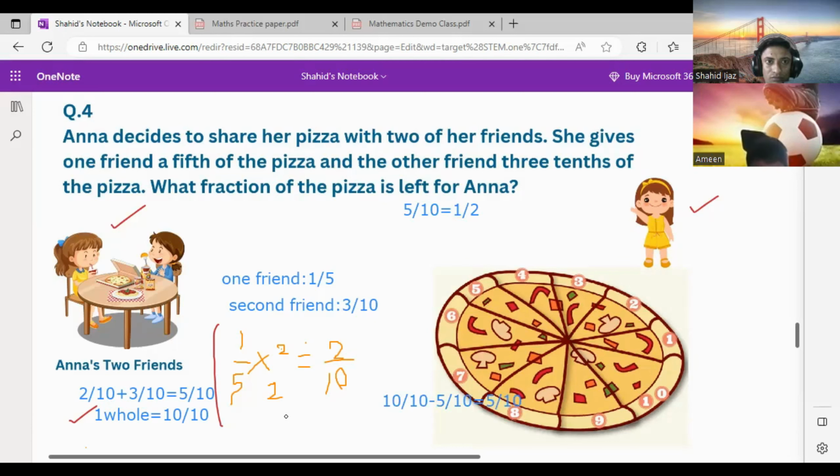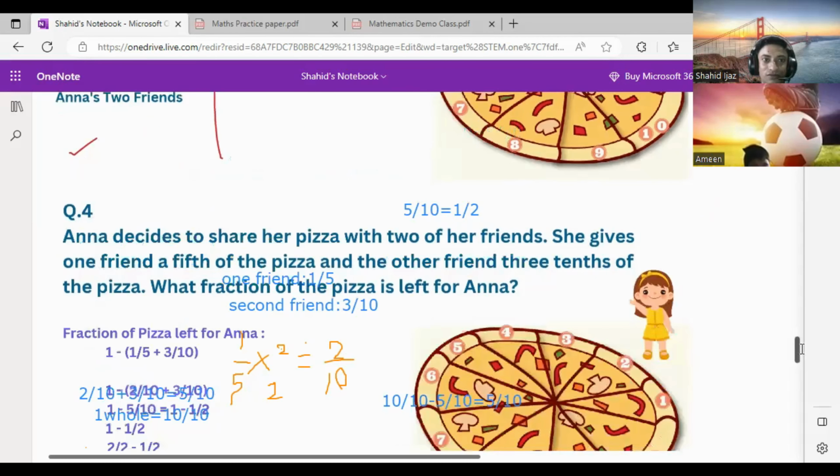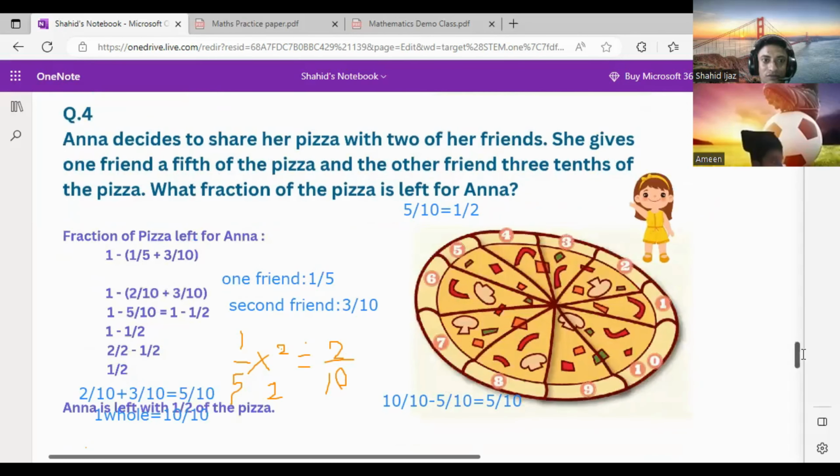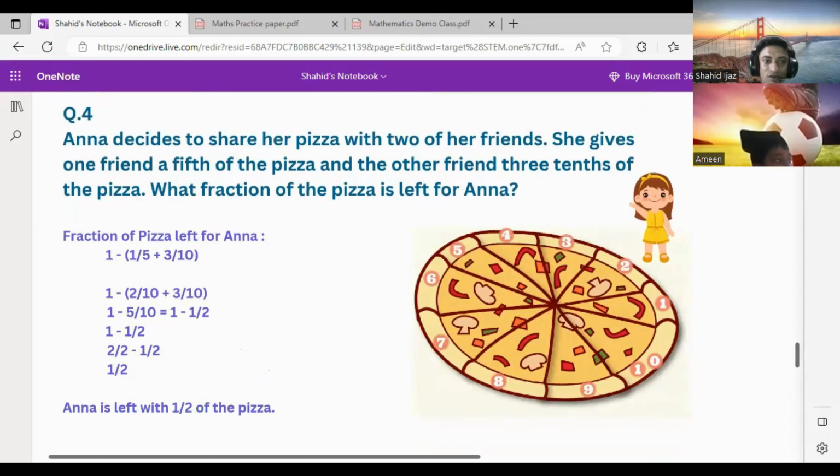Sorry, 1/2, a half. 1.5 would be 1 whole and a half, so that's why. These are easy questions, you are solving by yourself. Yes, I can do that mentally. Okay, half is the answer.